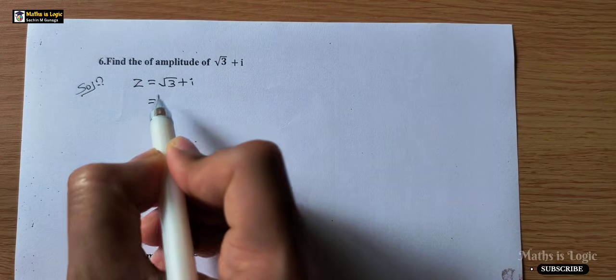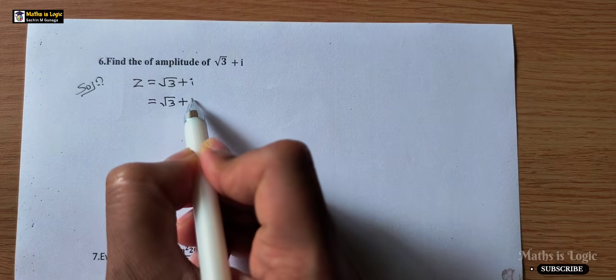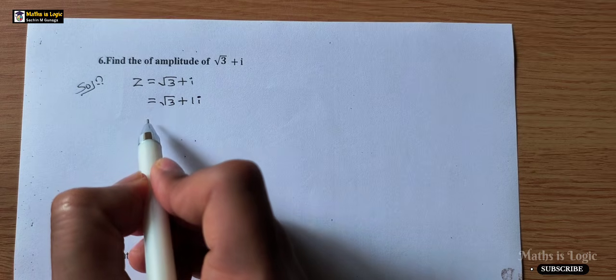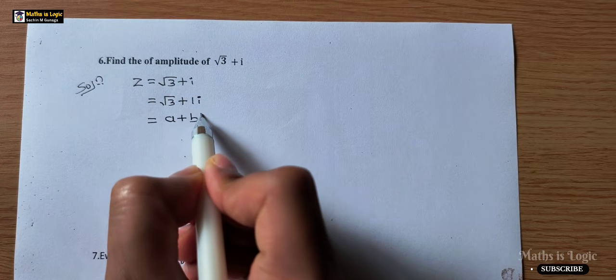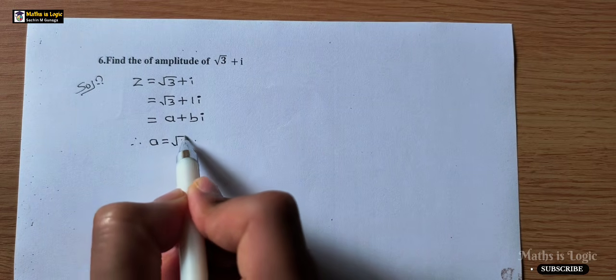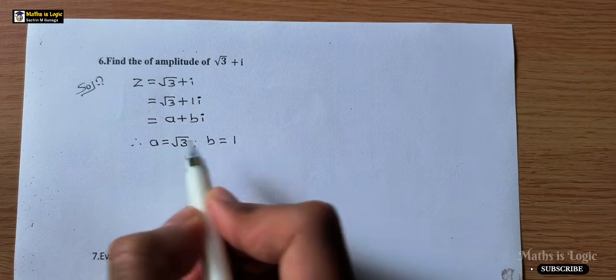So now rewrite root 3 plus i as root 3 plus 1 times i. After rewriting this, compare with the standard form, a plus b into i. Therefore, a value becomes root 3 and b value becomes 1.